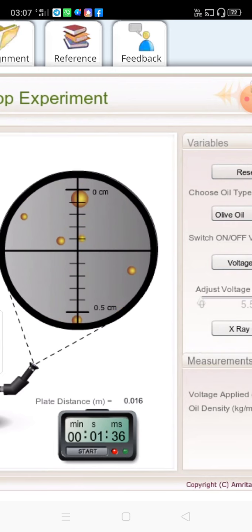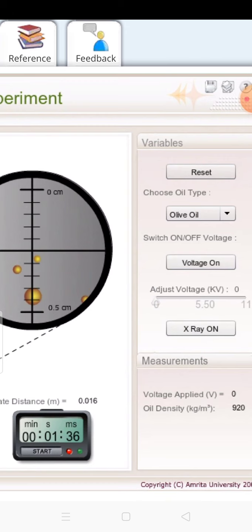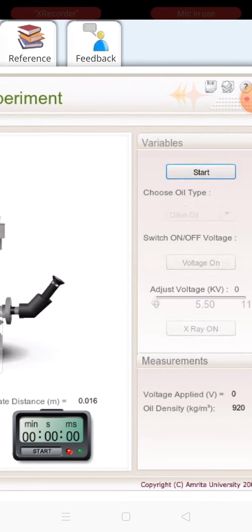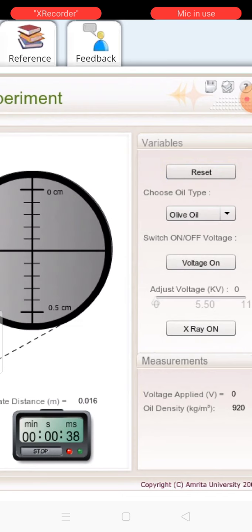So when you press the start button, the drop is then in the air. Now you see, double clicking will stop, single clicking will start. Again I will reset it, start. Now stop it. Double clicking stops it, the oil is coming down. As soon as the drop is coming down, I will start the time, and when it reaches I will stop it.